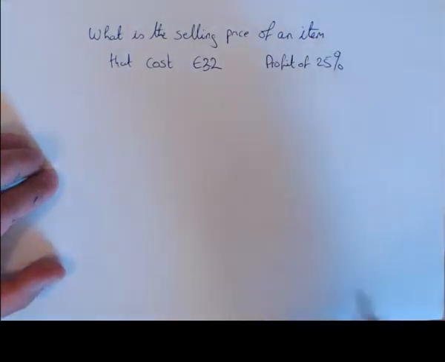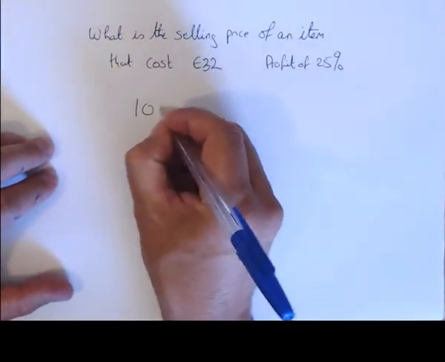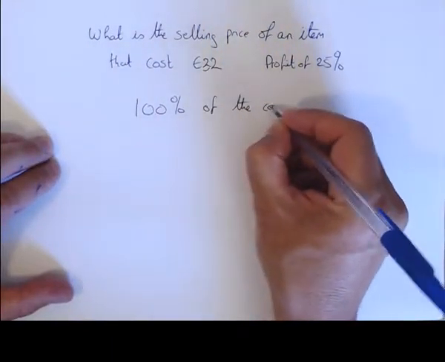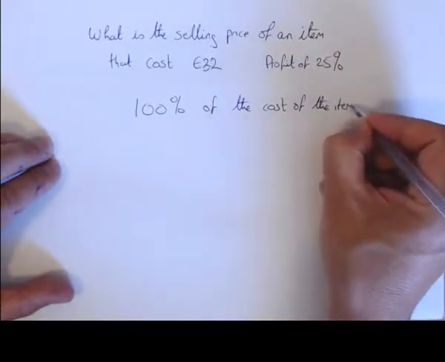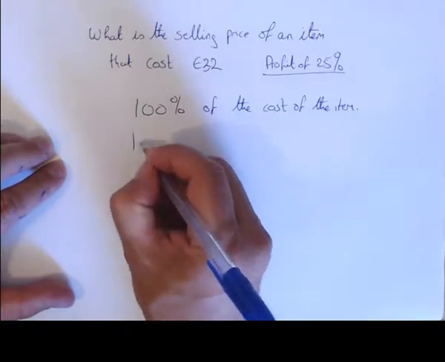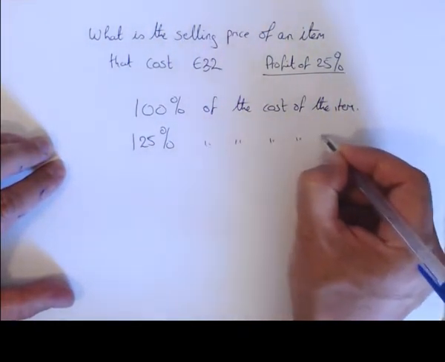So same idea. We have the original amount, which is 100% of the cost of the item. And if we make a profit of 25%, we want to find 125% of the cost of the item.